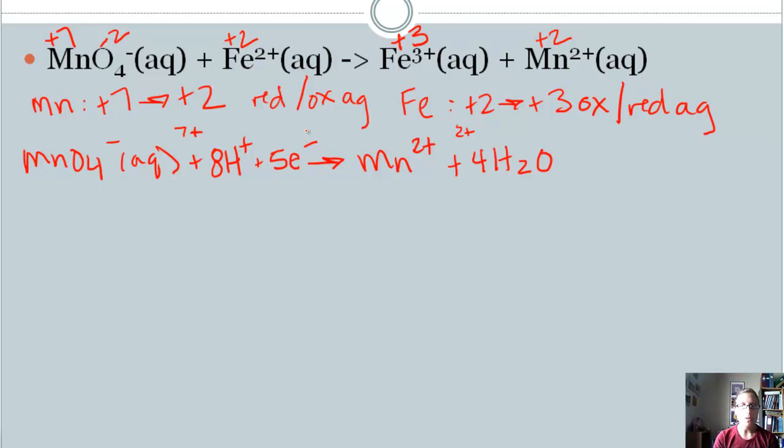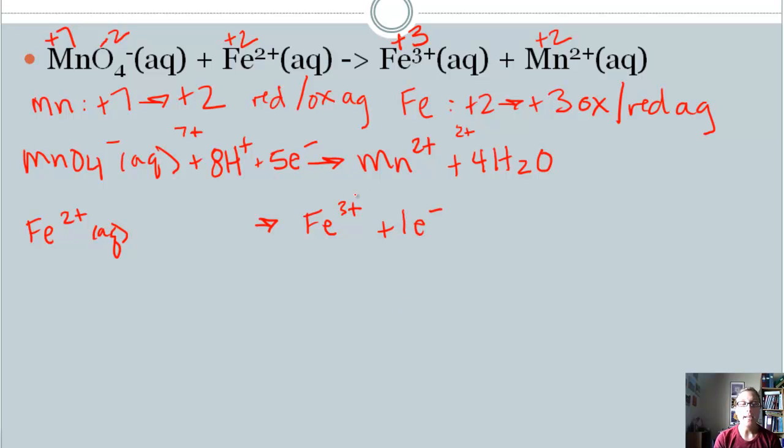So I'm going to leave that one alone for a second and go to my oxidation reaction, which is the iron. So here I had Fe2+. I'm going to leave some space and go to my Fe3+. Well, my ions are balanced. I have no oxygen, I have no hydrogen, so the last thing to do is balance the charges with electrons. Here I have 2+, here I have 3+, so I need to add 1 electron.